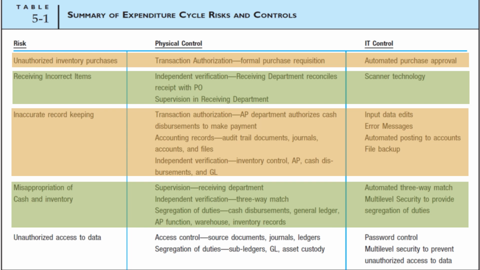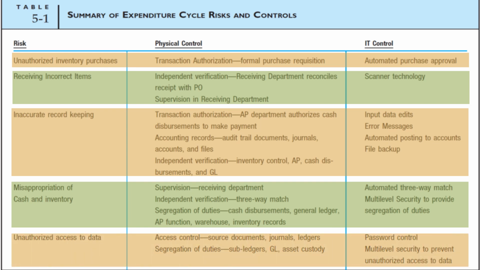If there is gathering, then we should think about how to ensure those functions do not give the opportunity for fraud by the staff, or any misappropriation of cash and inventory assets. In IT control, we have an automated three-way match, then we have multi-level security to provide segregation of duties.